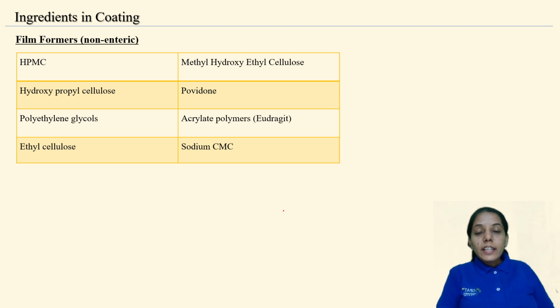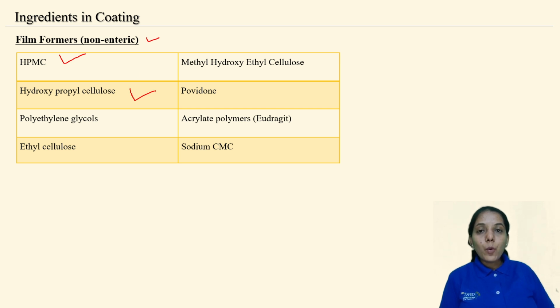Next, what are the ingredients in coating? First is non-enteric, which will not release into the intestine but will release into the stomach. First is HPMC, that is hydroxypropyl methyl cellulose.